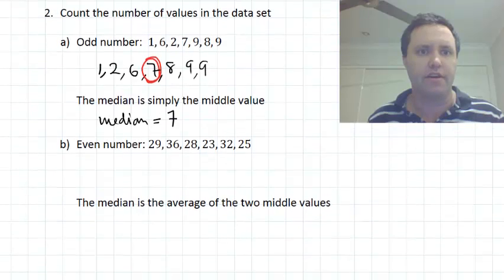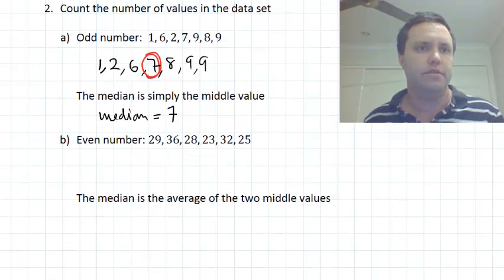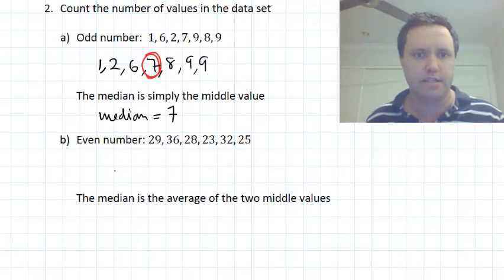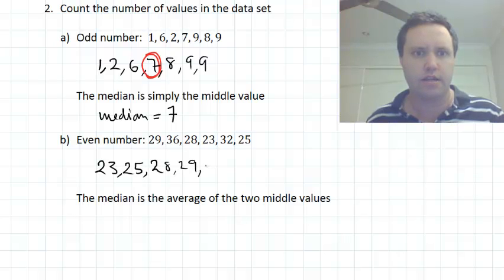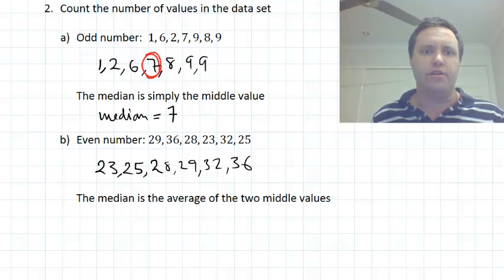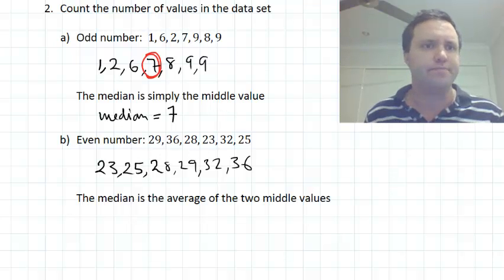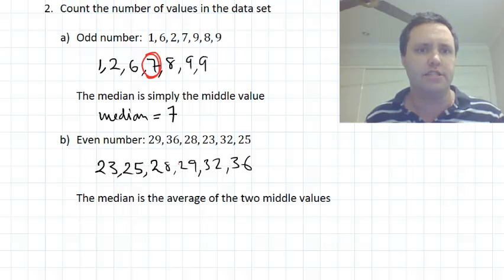If we have, however, an even number of values in the data set, let's arrange these in ascending order. So we're starting with 23, 25, 28, 29, 32, and 36. If we have an even number, the median this time is the average of the two middle values.